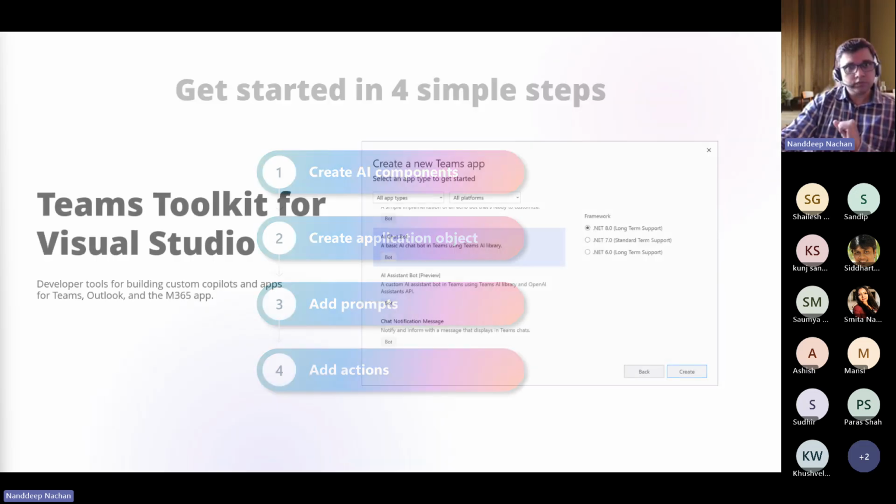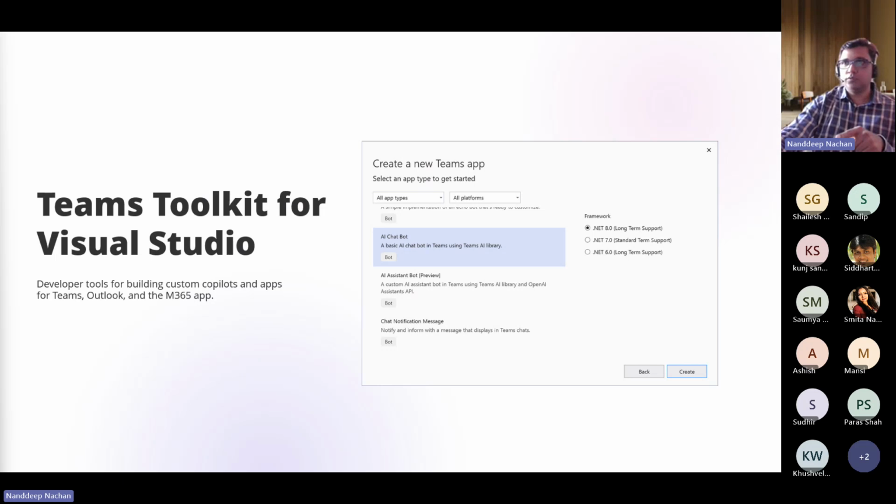Before we go into the demo, this is the Teams Toolkit that we are going to use, which makes it much simpler for us to get started. We can use this as a plugin or extension inside Visual Studio, and it is available in Visual Studio Code as well. It is a simple set of templates and tools which makes building custom Copilots as well as apps for Teams across Microsoft 365 much easier.